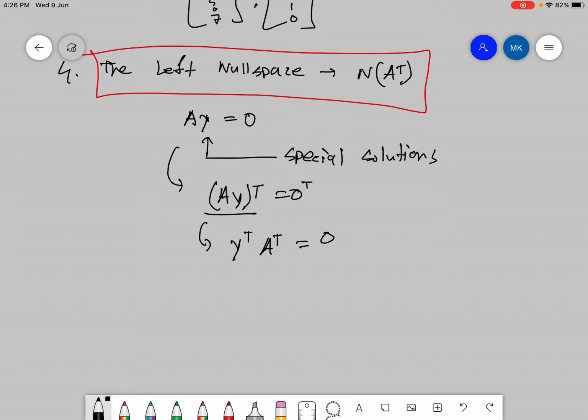So this was the special solutions, or all this combination are basically the null space.